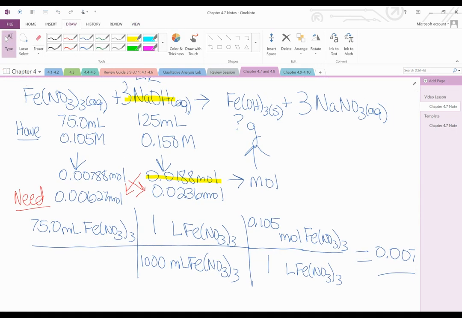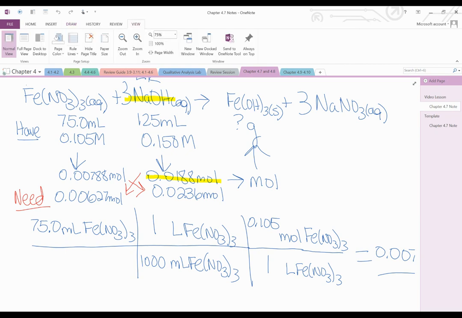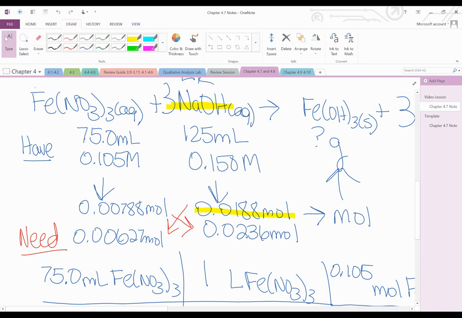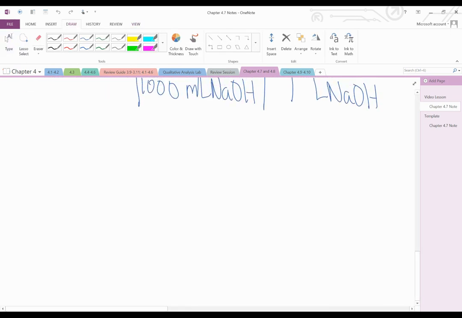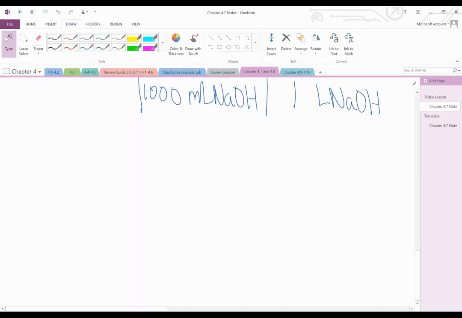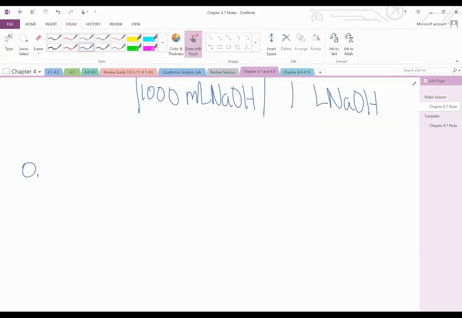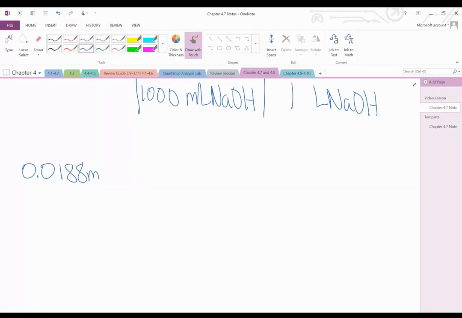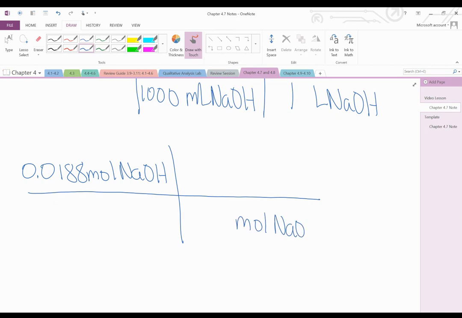So I'm going to convert from 0.0188 moles of sodium hydroxide, my limiting reactant, to moles of iron 3 hydroxide to grams of iron 3 hydroxide. I'll do that at the bottom. So I'm going to take my limiting reactant amount in moles, use the mole ratio from the balanced chemical equation to convert from moles of sodium hydroxide to moles of iron 3 hydroxide.